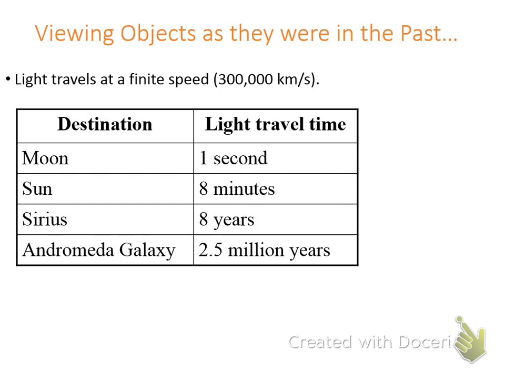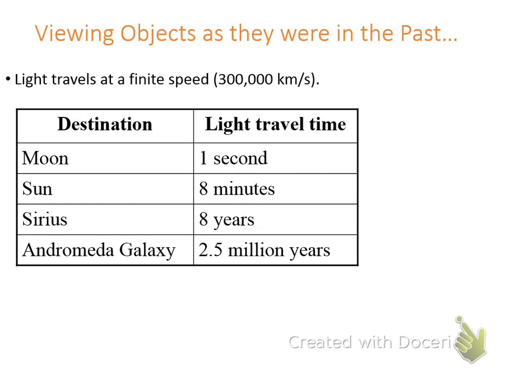The sun's further than the moon, so it takes light from the sun 8 minutes to get here. If you've watched some of these documentaries, there'll be a delay. If the sun were to just vanish, we wouldn't know it for 8 minutes. Sirius is not the closest star, but it's called the dog star, in the constellation Canis Major, I think.